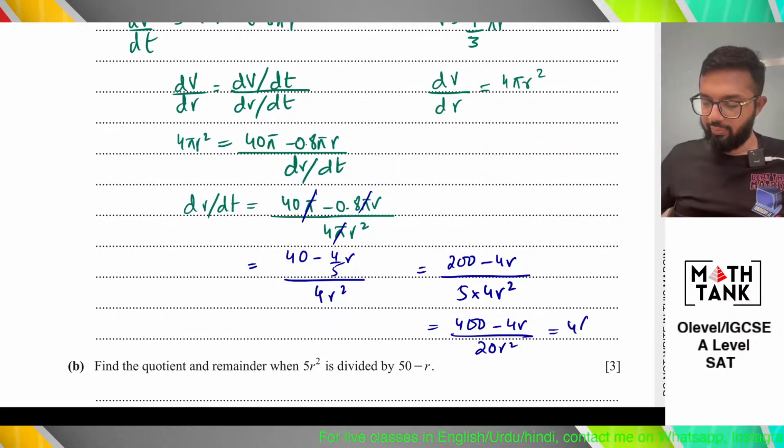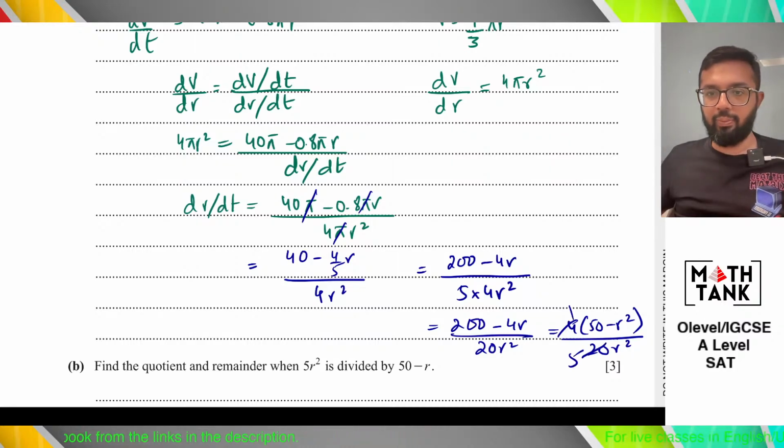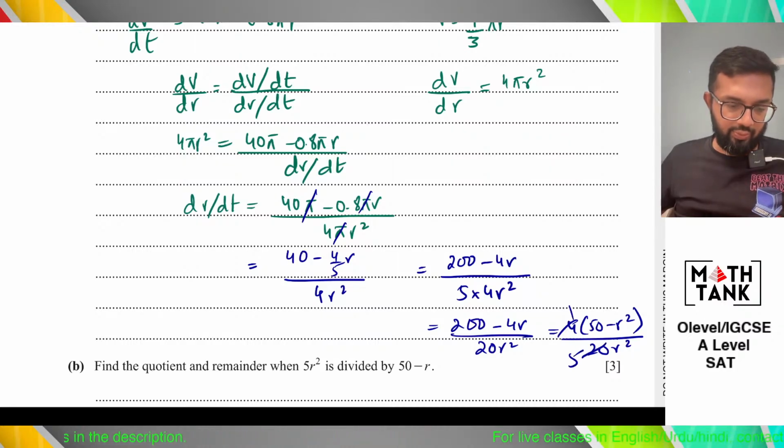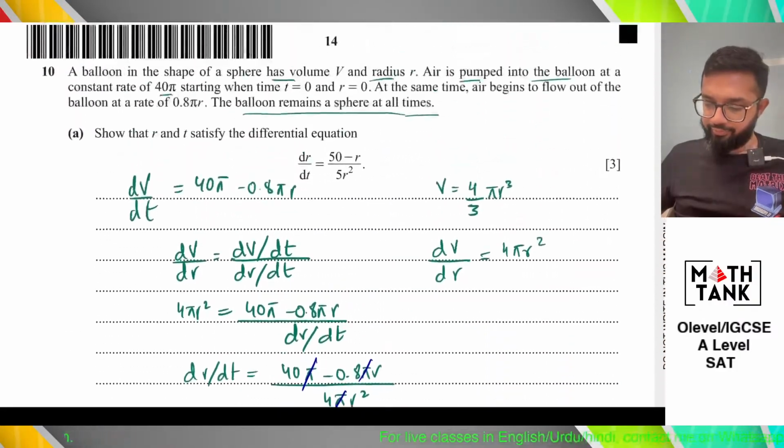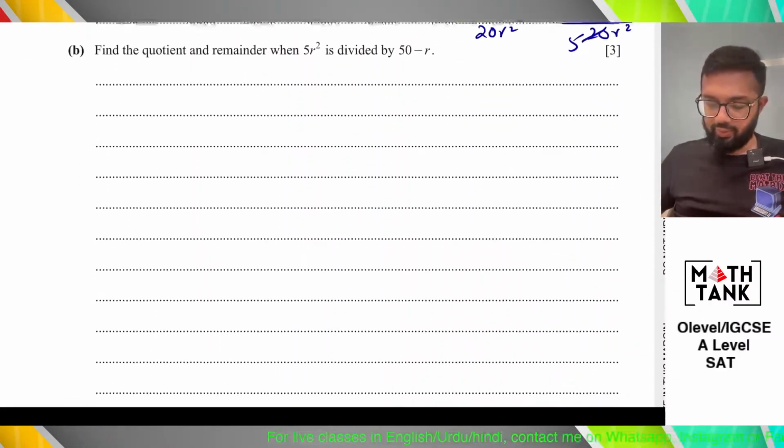I see 4 is common, so 4 into 200 is 50 minus r squared over 20r squared. I've done a lot of calculations there. You could avoid a lot of them by just simplifying the numbers. Okay, but that's what you had to do in this question.